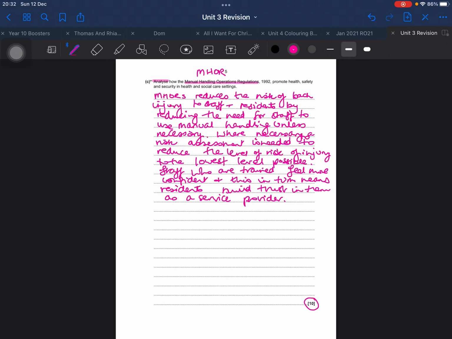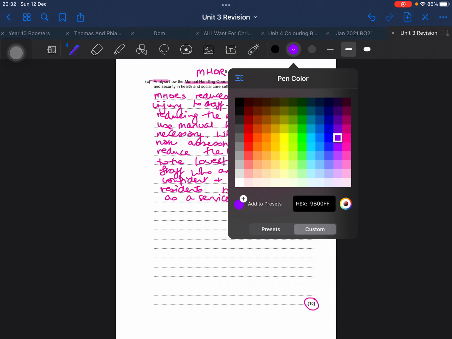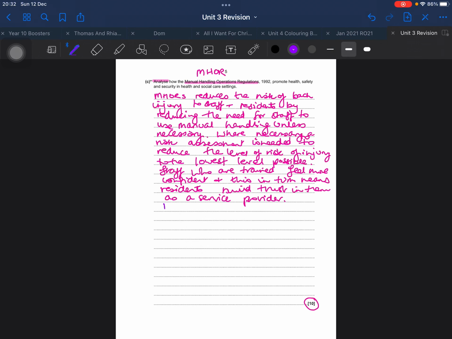Okay. So again, as I said, we can go with those against positives and negatives. So we could say if the manual handling regulations are not followed, then there would be an increased risk of injury. So let's just put that on the bottom, just to bounce it back the other way.